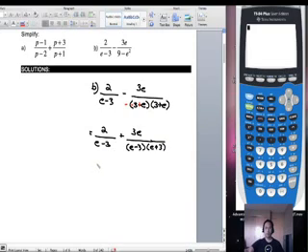So here we can state our restrictions that e cannot equal minus 3 or plus 3, and our LCD is e minus 3, e plus 3.